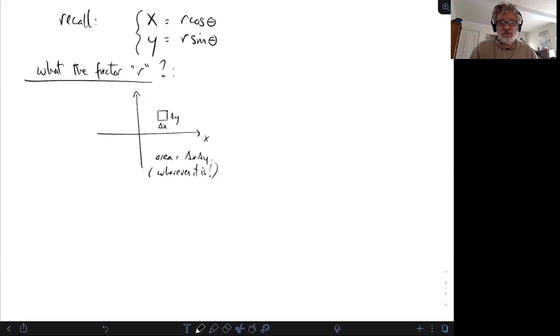Okay, obvious remark. But now suppose that I look at what happens in the r theta world. Suppose that I take a polar rectangle, which is delta r by delta theta. So this is rectangular, this is polar.